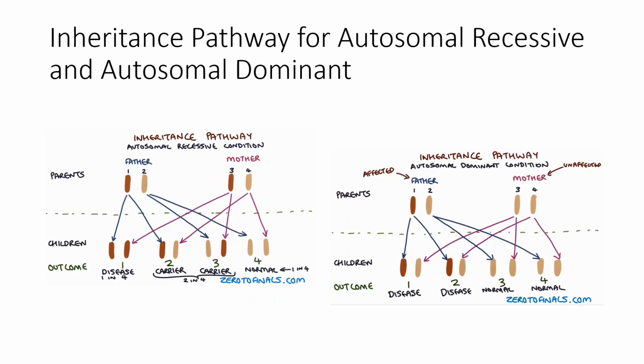He has symptoms of the disease because this is a dominant condition. When you cross 1 to 3, 1 to 4, 2 to 3, 2 to 4, you see the outcome that 50% of the children will have the disease, whereas 50% will be normal.